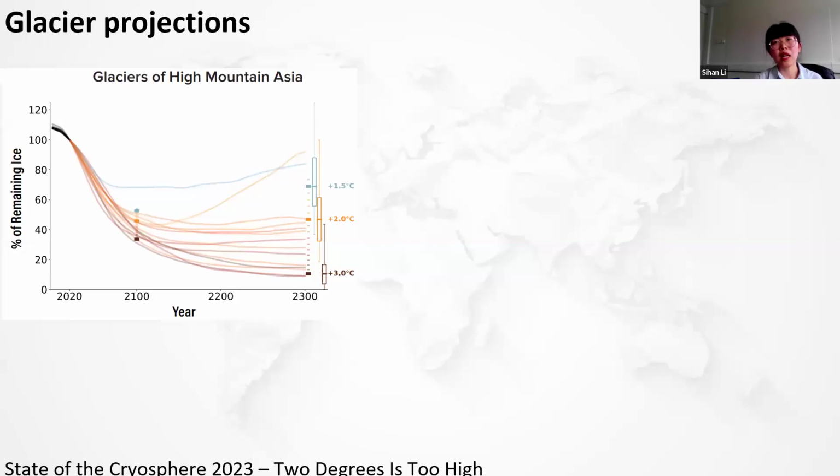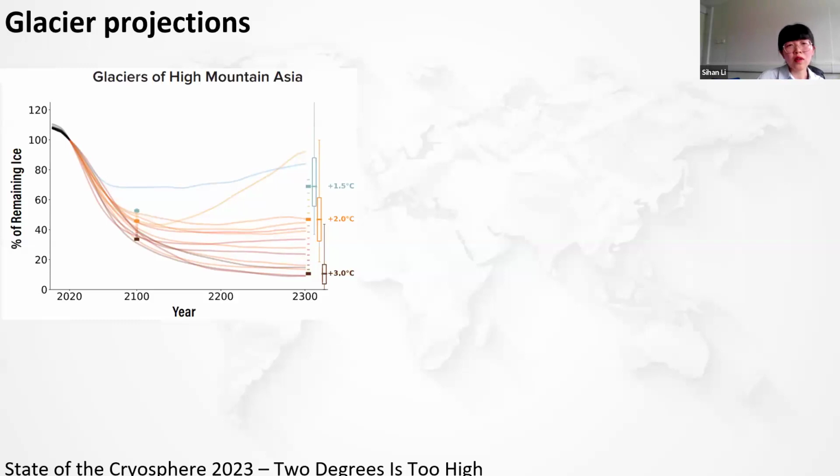So the different colored lines represent the global temperature change at the end of the century, 30 years versus pre-industrial level, of the different models that were used to produce these future projections. And the black line denotes the evolution prior to 2020.